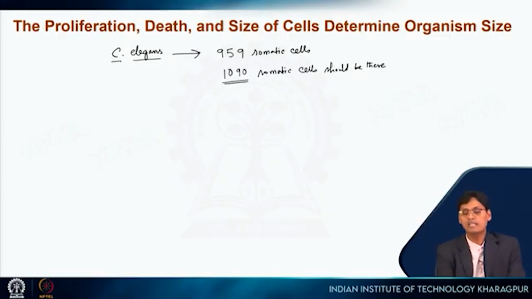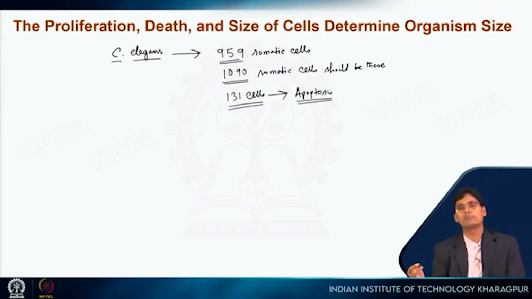But 959 cells are present, because 131 cells get deleted by a method called apoptosis. I will discuss this in more detail in some other classes. So if you add up 959 and 131, you get 1090 somatic cells in C. elegans.